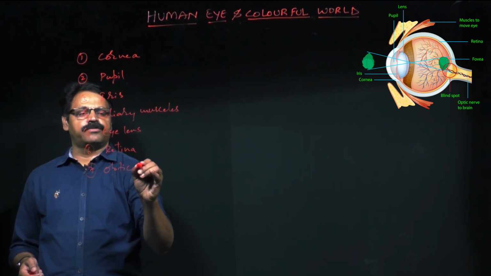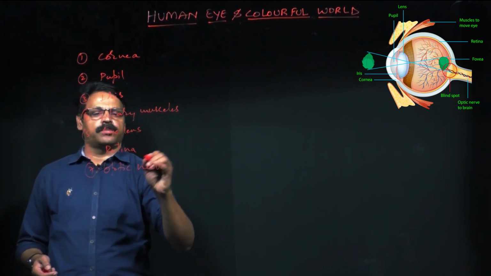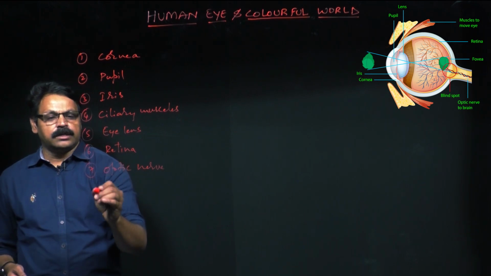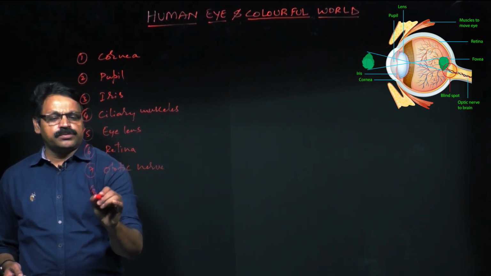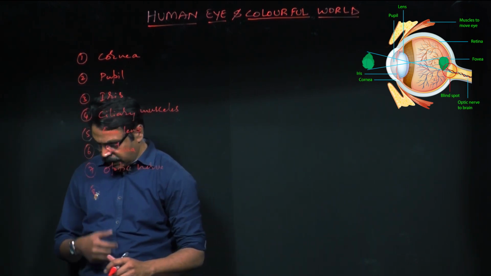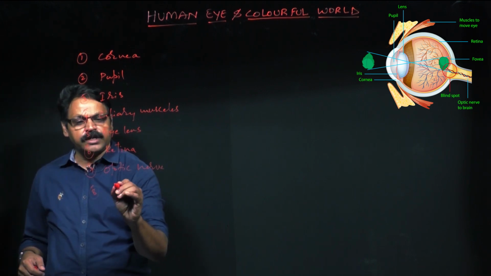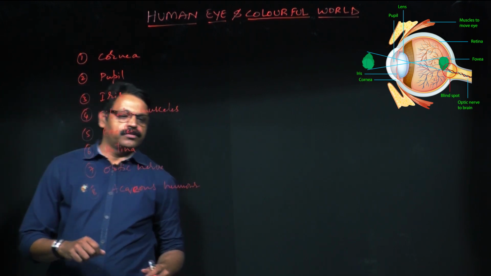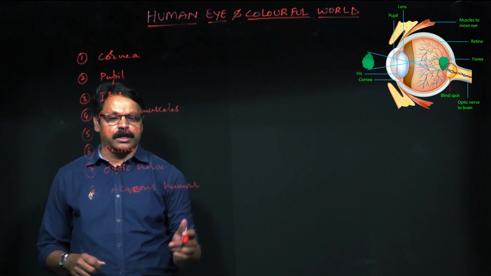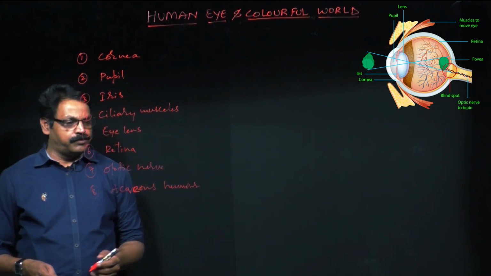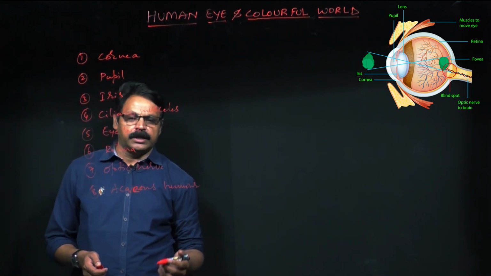All these things we have already looked into, like the optic nerve. The two other things we are to look at here are the aqueous humor, which forms between your cornea and the crystalline lens. It is a fluid, a watery type of content.